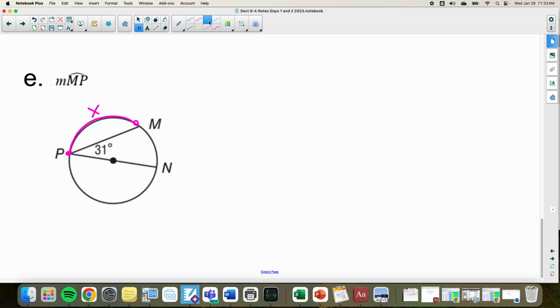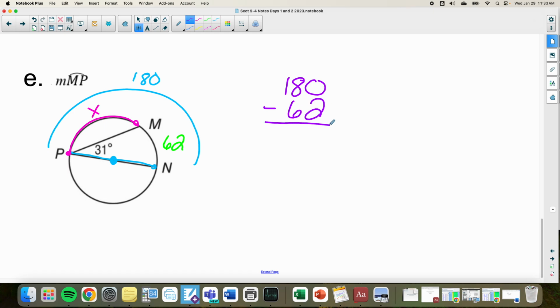So if that's 31, MN is going to be 62. And then hopefully you guys realize this is a diameter. So if you ever see a dot in the center of the circle kind of emphasized or golden, that means that's the center. So this is a diameter. So this whole thing is 180. And what we want is arc MP. So we'd go 180 minus 62, which is 118.